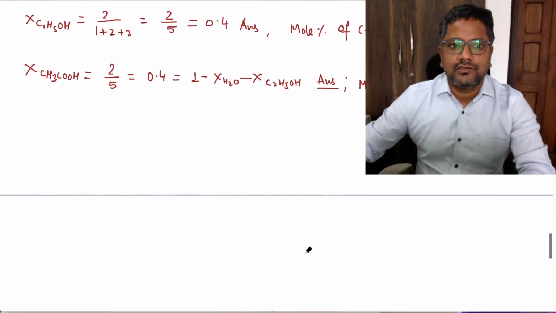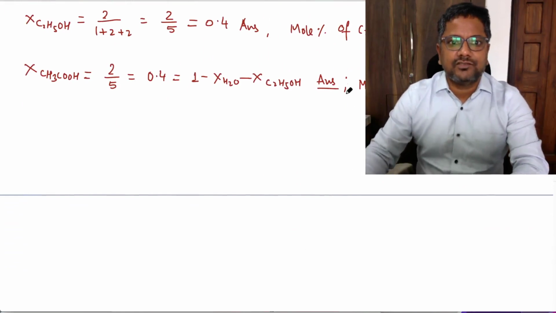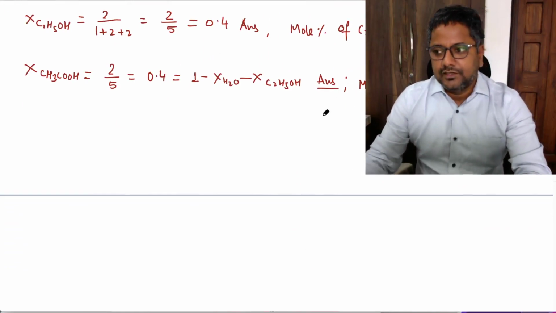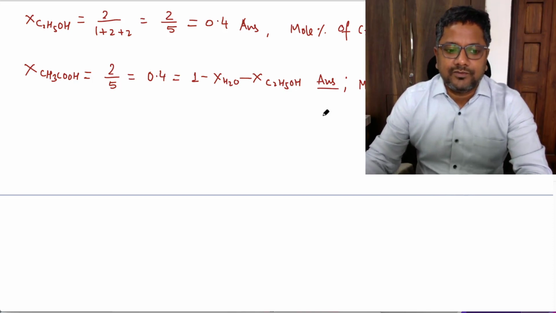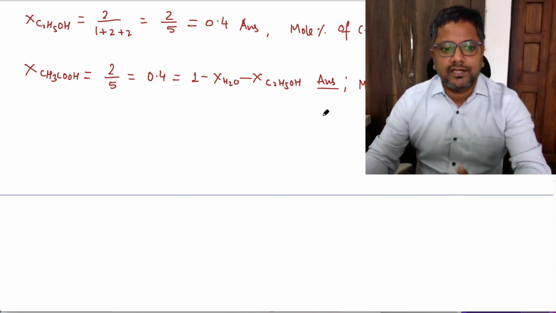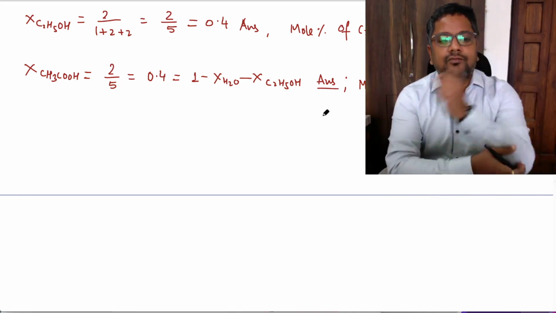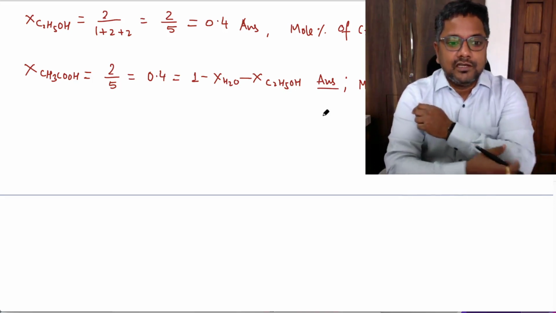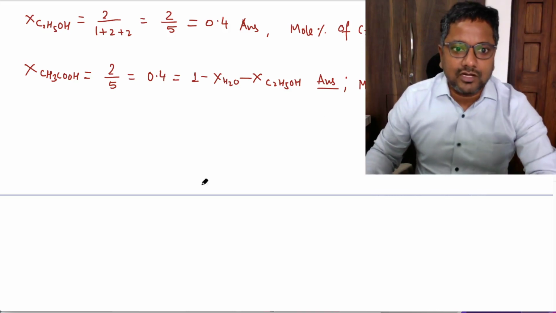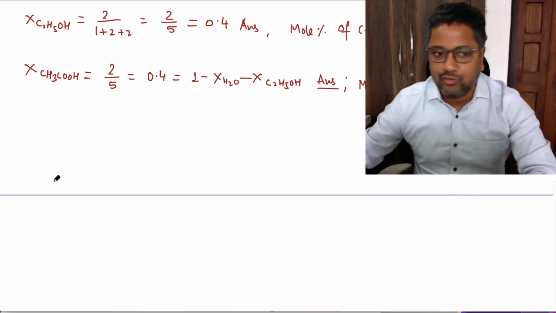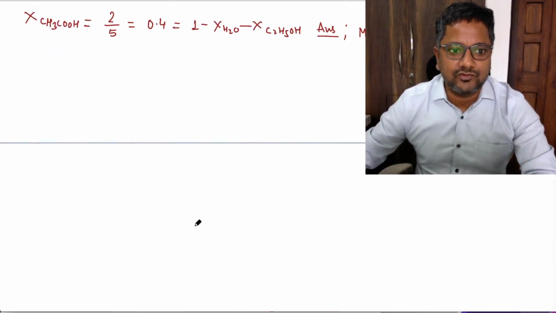So what is the relation between mole fraction and mass fraction? Because in questions of solutions and colligative properties, in between you may get mass fraction, and in the formula you require mole fraction. So how to convert mole fraction to mass fraction, or mass fraction to mole fraction?